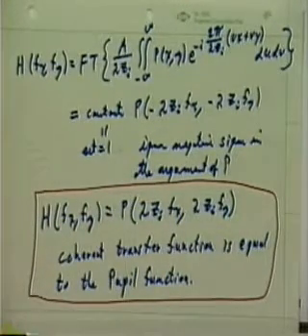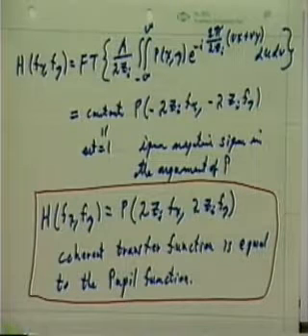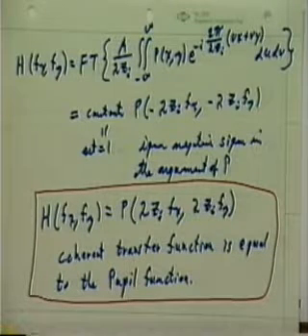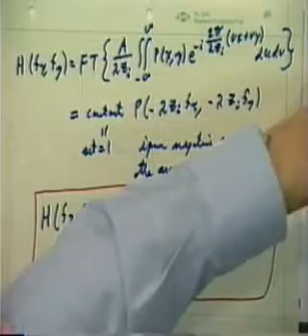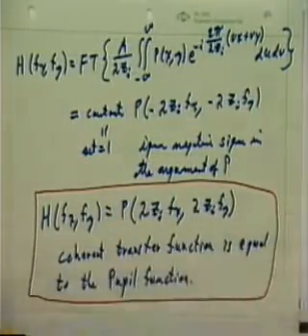Then what we want to do is look at some examples, and then we're going to try to understand why this makes sense. Okay. So a couple of examples here.